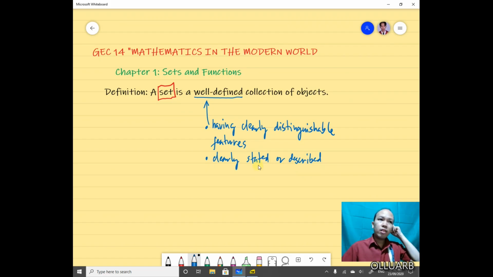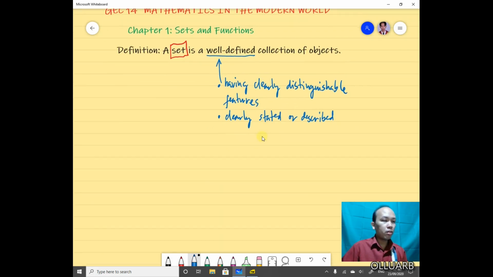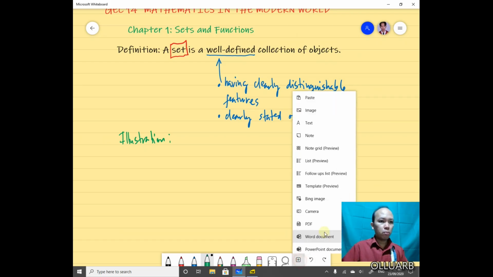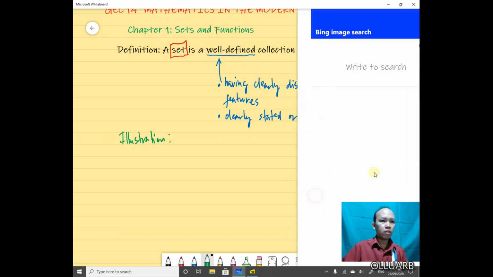So let's have an example that will enlighten us. Let's have an illustration. For example, suppose I have a basket.